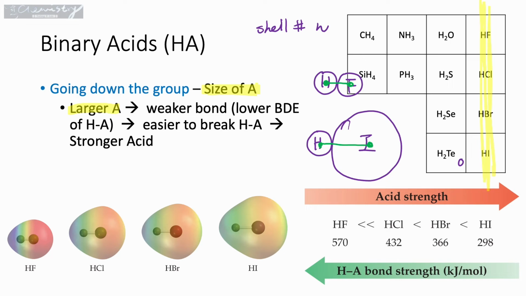So if it's larger, then it is going to have a weaker bond, lower bond dissociation energy, and therefore result in a stronger acid. So if we have a large ion, then we are going to have a stronger acid.